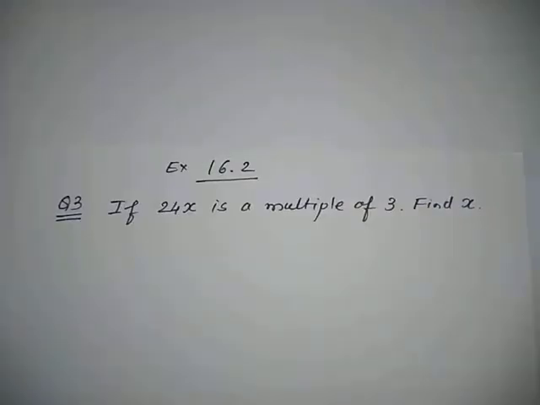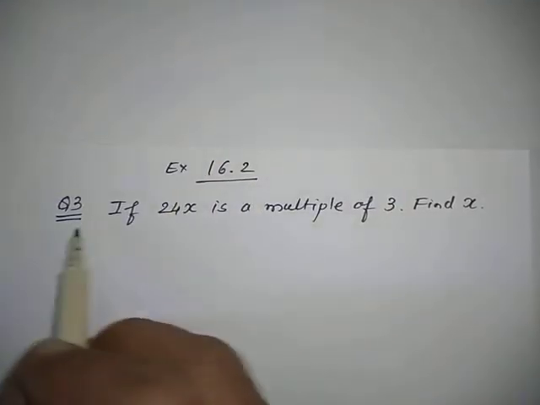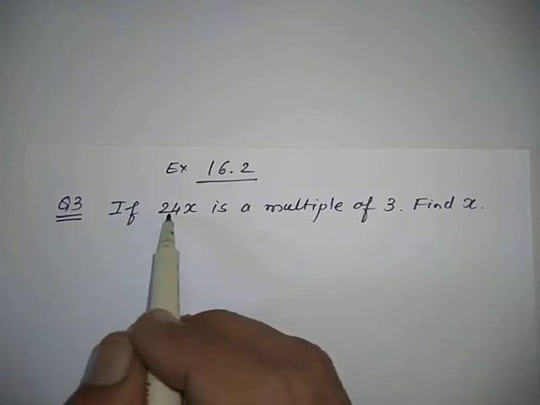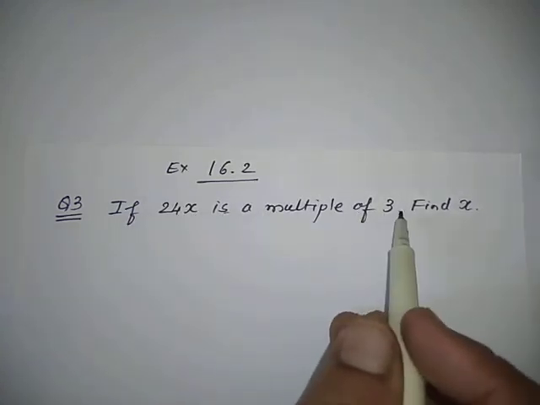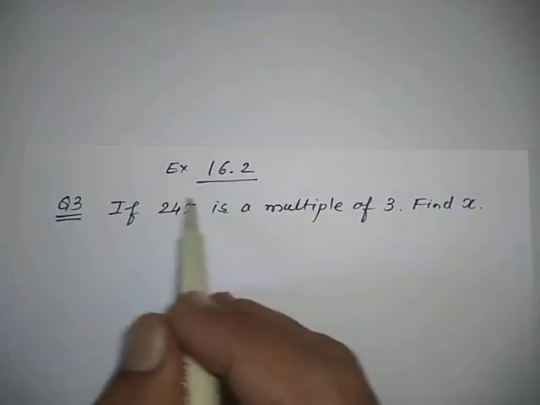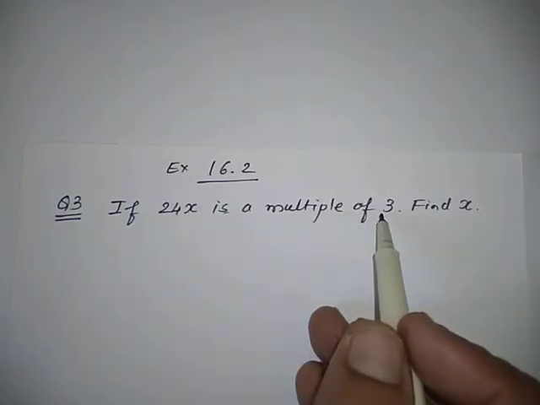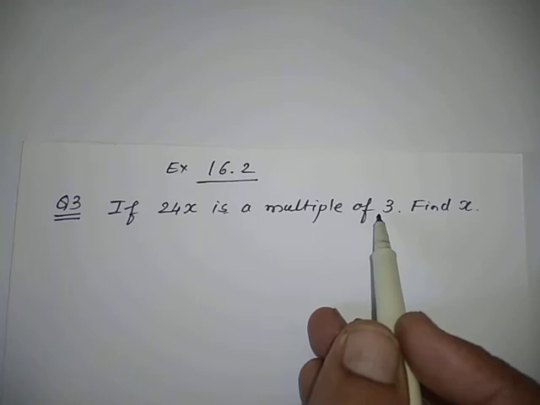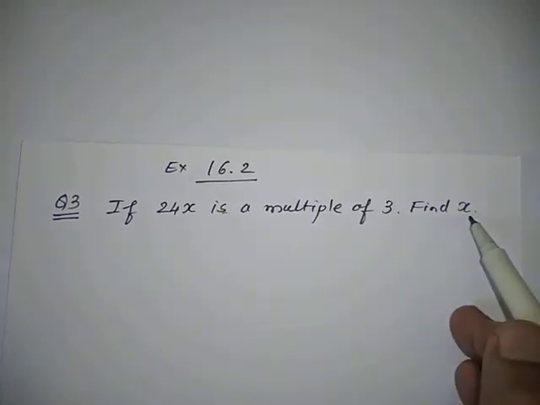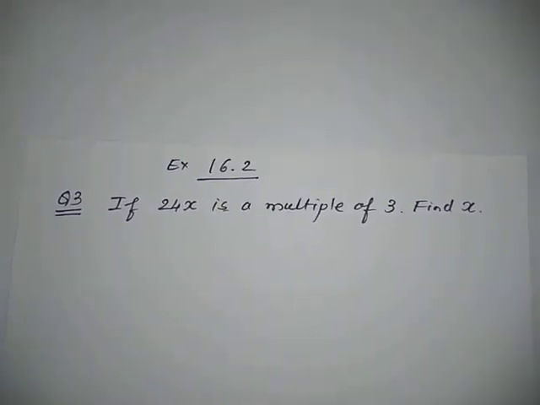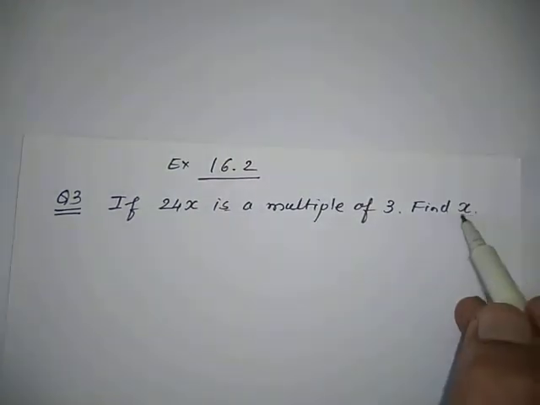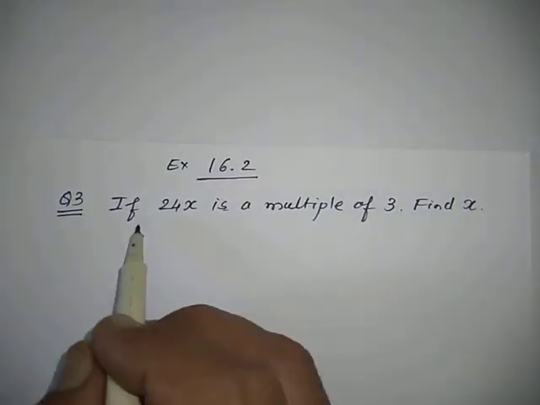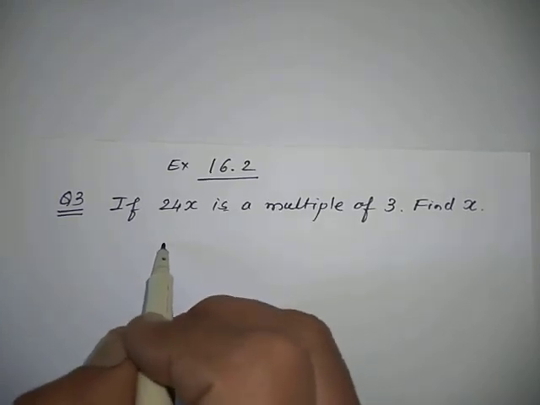Question number 3, exercise 16.2. If 24x, it is a 3-digit number, is a multiple of 3. If we add all these digits, we should get a multiple of 3, easily divisible by 3. So we need to find the value of x.